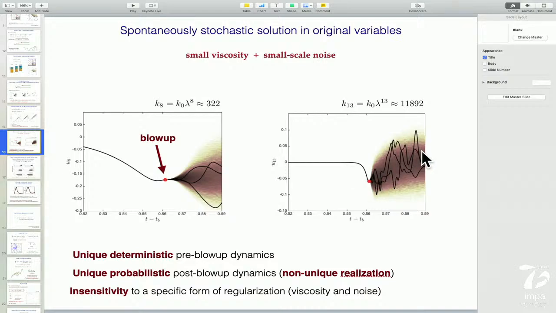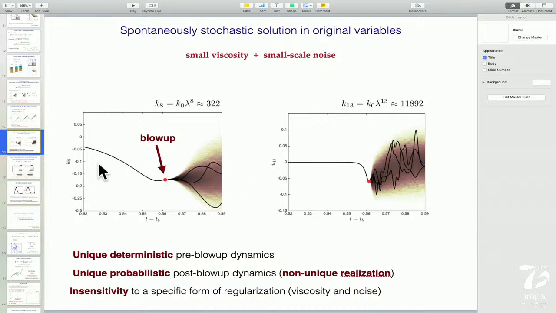So the solution is deterministic until blow up and stochastic after the blow up. And this probability distribution does not depend on the very small viscosity or on the way you put in the noise. So this is something completely universal, but depending on the initial condition. So this is what I told.